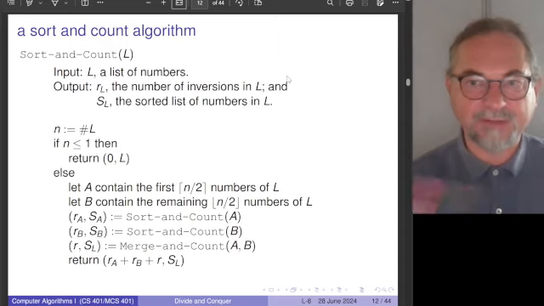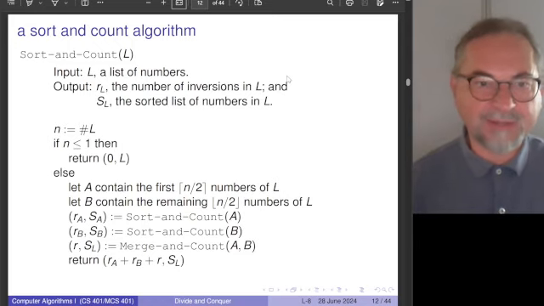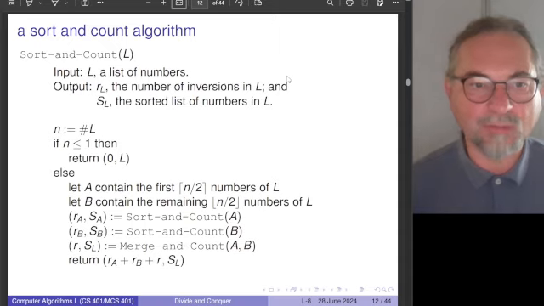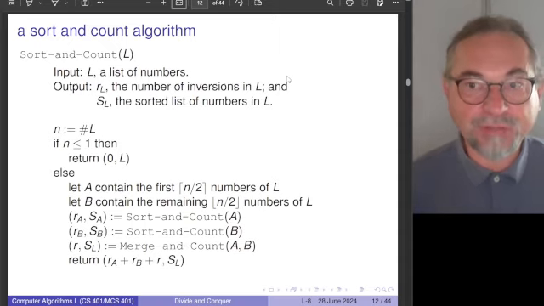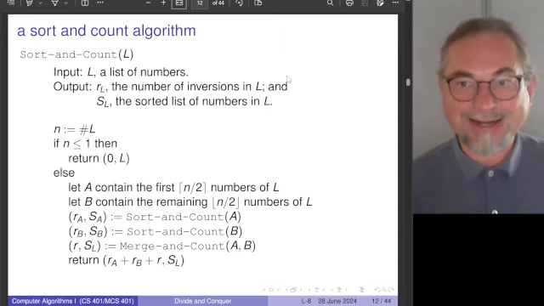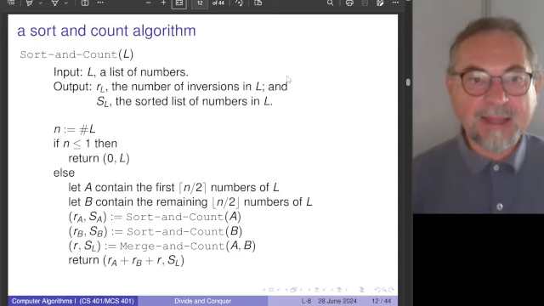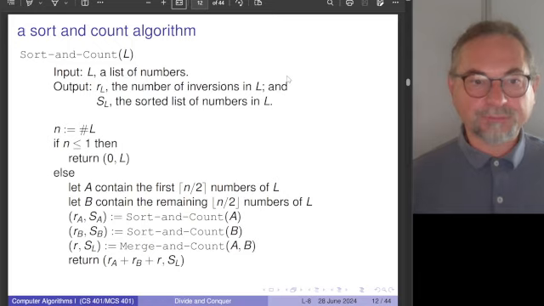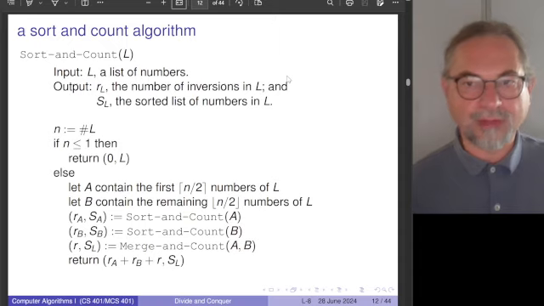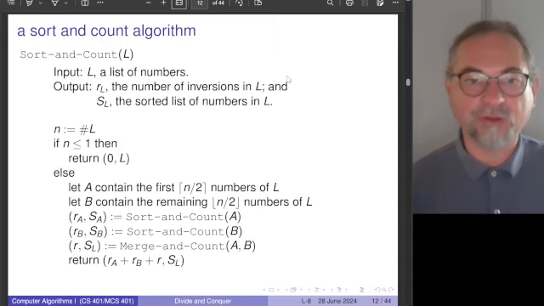If that number is odd, A will contain one more element than B. We have the recursive calls where we count the number of inversions on each half, and then we do the merge. In the merge we also count, and we return the total count: first half, second half, and the inversions between the halves, along with the sorted list.